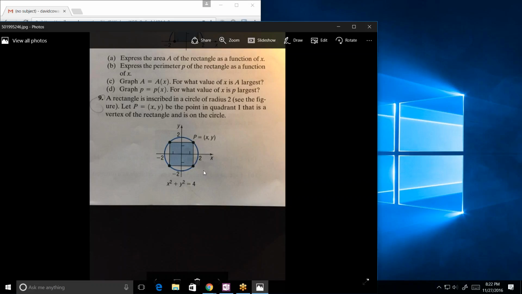In 8, the base of the rectangle is 2x and the height is 1y. And in 9, the base of the rectangle is 2x, but the height is 2y. And use what they gave you for y in 8. Y is still the square root of 4 minus x squared.